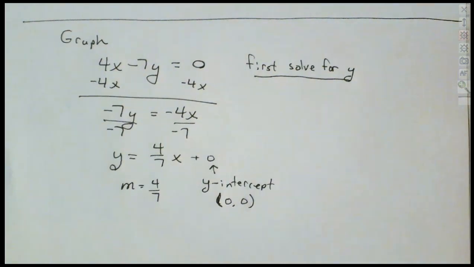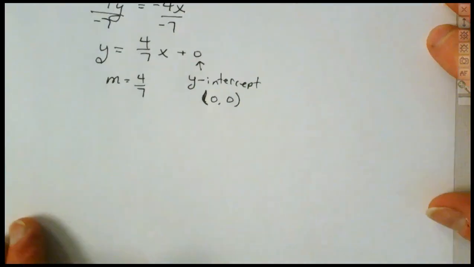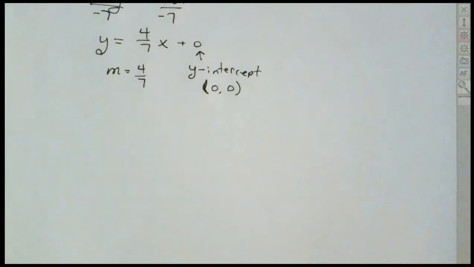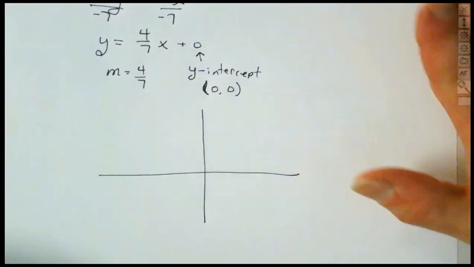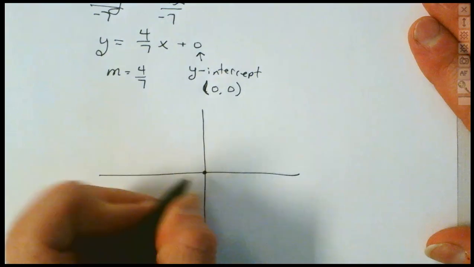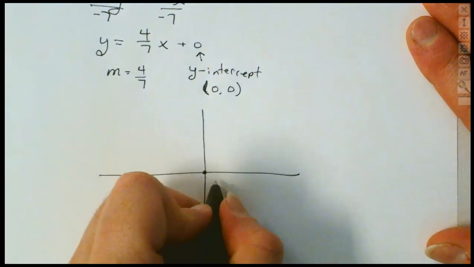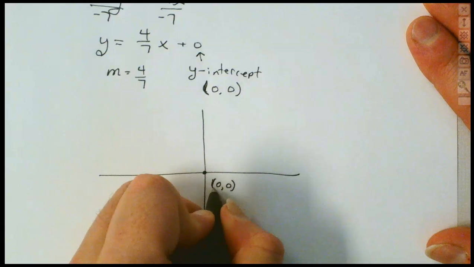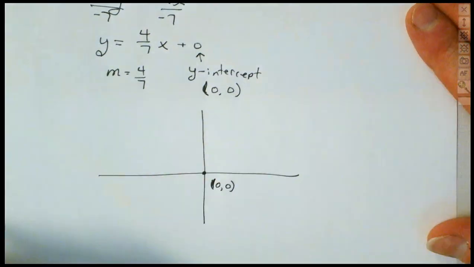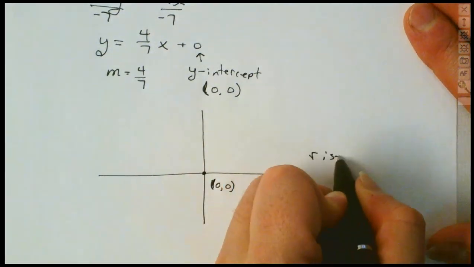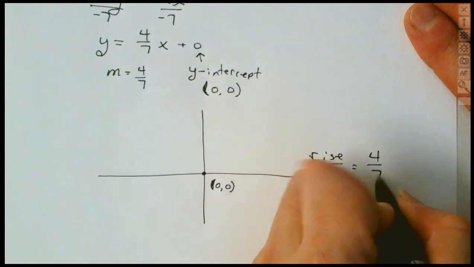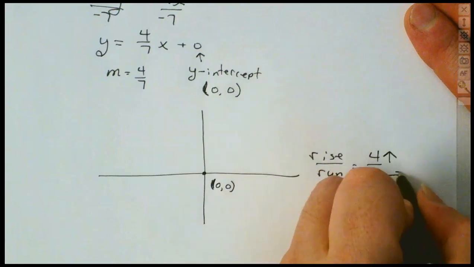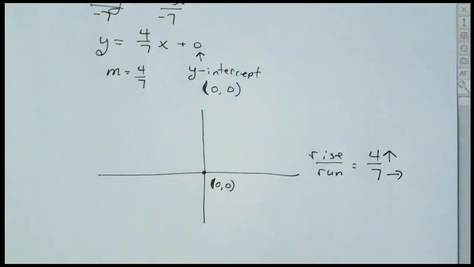Now we've got everything we need to graph this line. We have a point, 0, 0, and we have our slope. So we're going to start at our point, 0, 0. What's my slope? Well, the rise over the run is 4/7. So we're going to go up 4 and over 7.